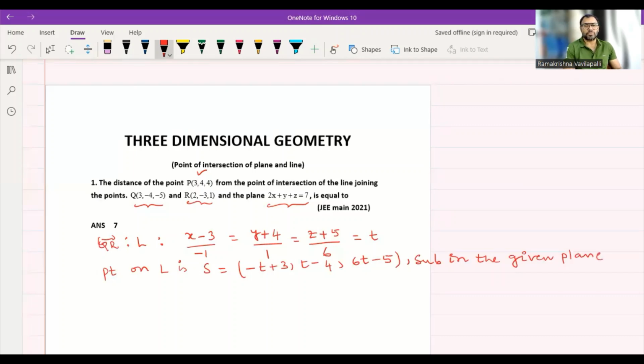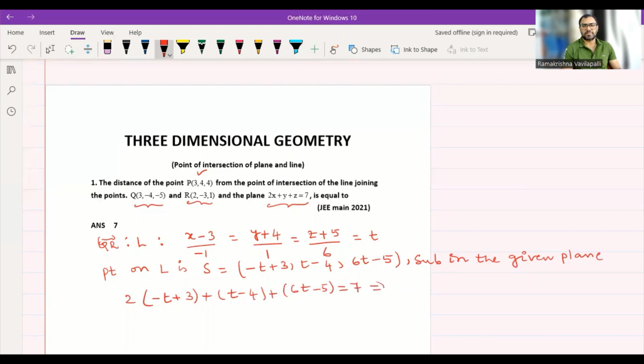So here 2 into minus t plus 3, plus t minus 4, plus z coordinate 6t minus 5 equal to 7.